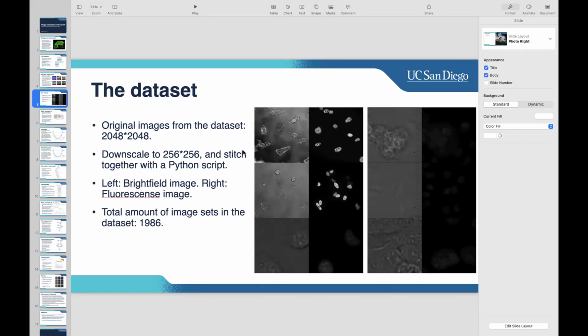The images here are my image set. On the left are the bright field images, and on the right are the fluorescence images, and they are both in grayscale. The total amount of images in my data set is 1986. That's not a lot, to be honest, but that's the data set I can find.